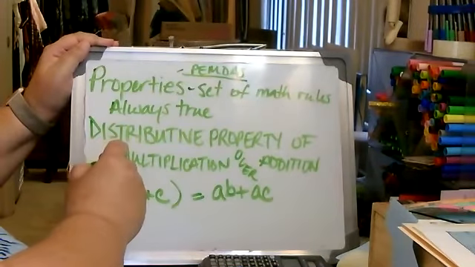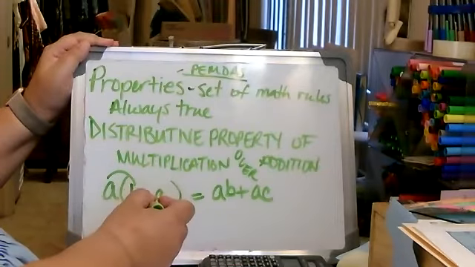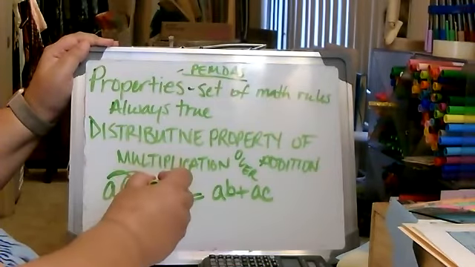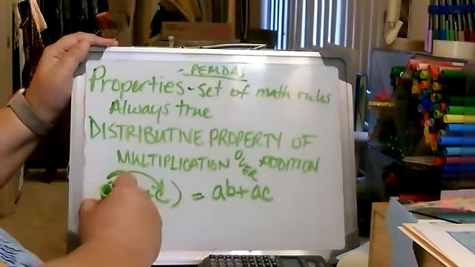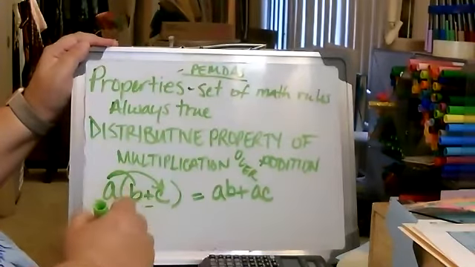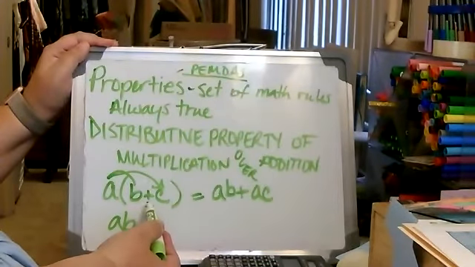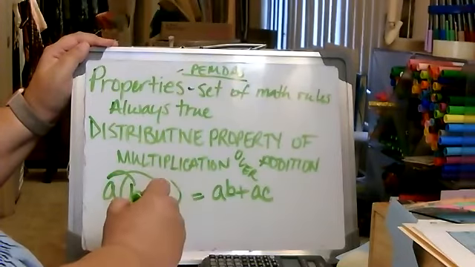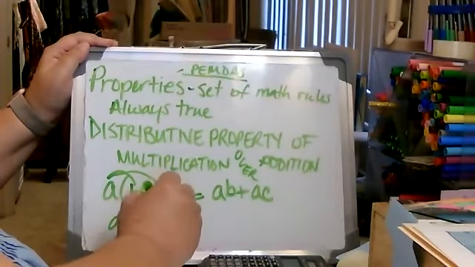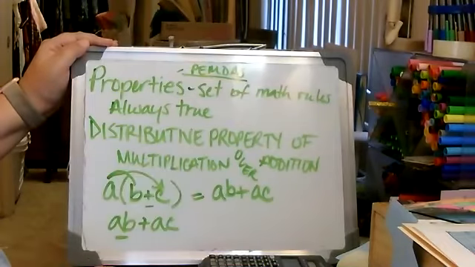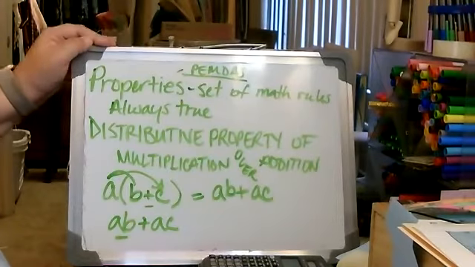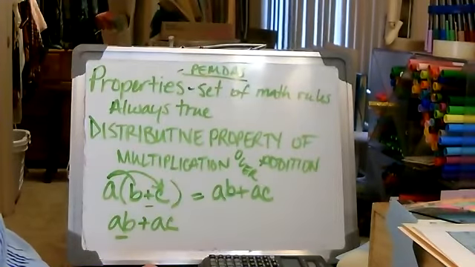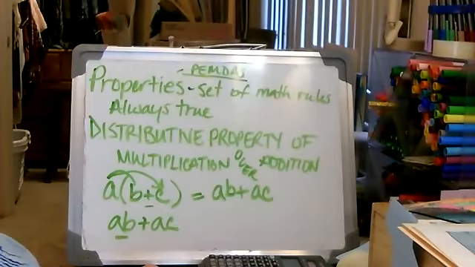So you have to go A times B, and then you have an addition, and then you do A times C. So that's how you turn out with AB, which means A times B. And because this is a plus sign there, it's going to be plus A times C, or AC. That's called distributing it out. So it allows us to simplify an expression by taking out the parentheses.